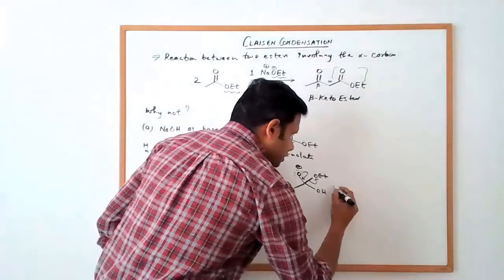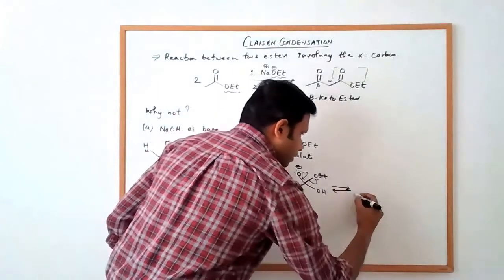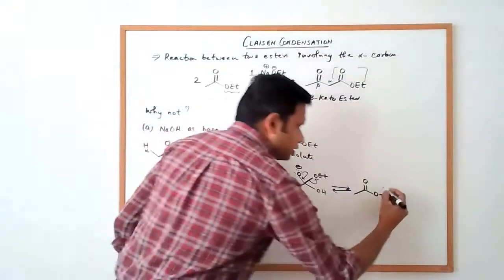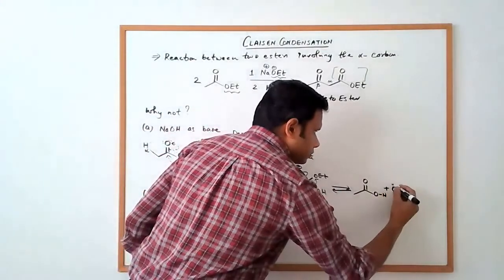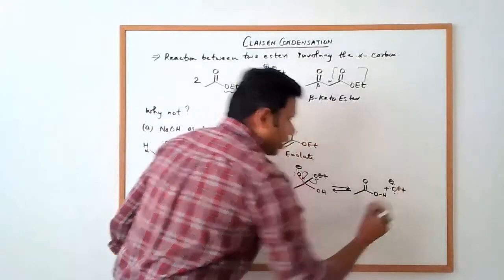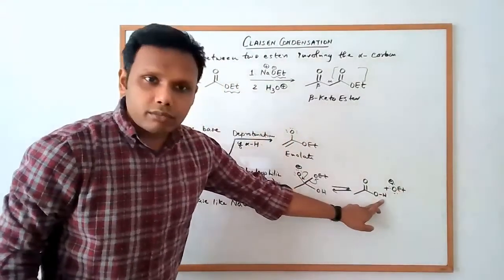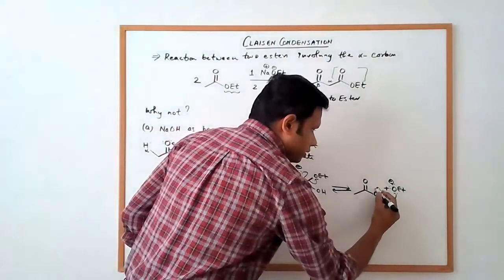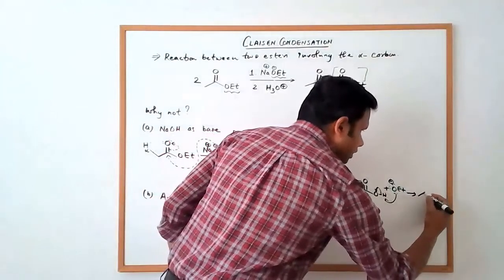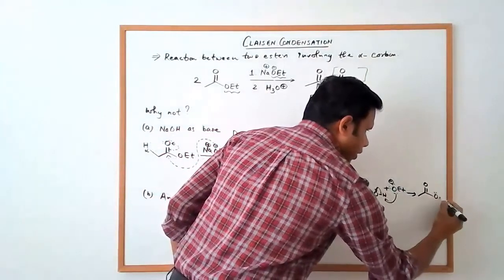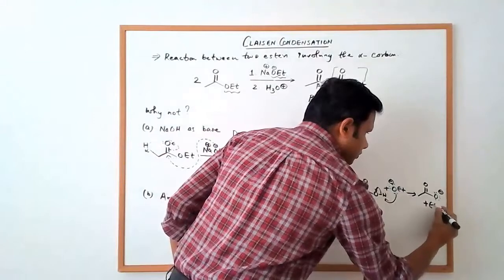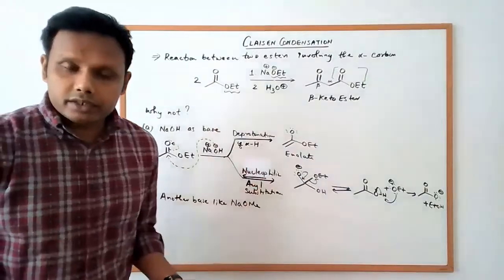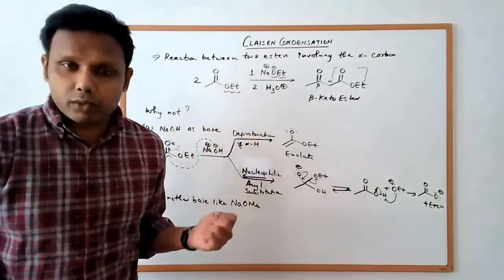But if the ethoxide gets kicked out, then it's going to take us to a carboxylic acid plus ethoxide. And since you have a carboxylic acid now, the ethoxide can deprotonate the carboxylic acid, and this would give us the carboxylate plus ethanol. So you see how there is complication involved here, because you have two competing reactions.